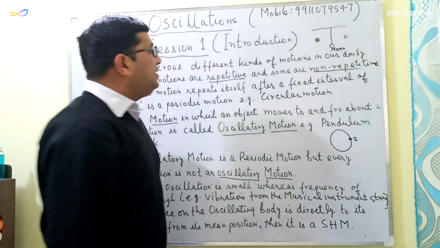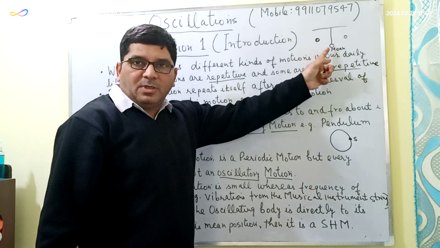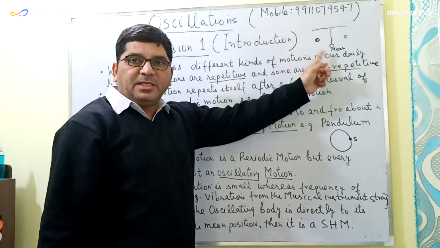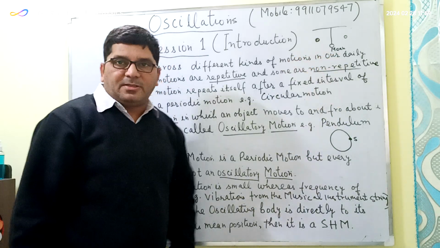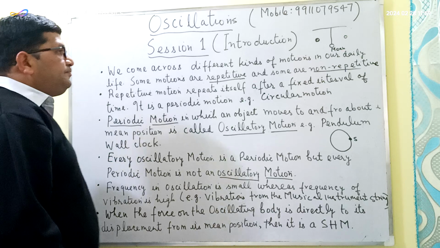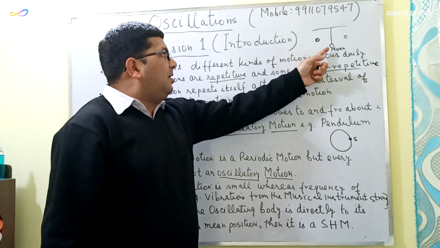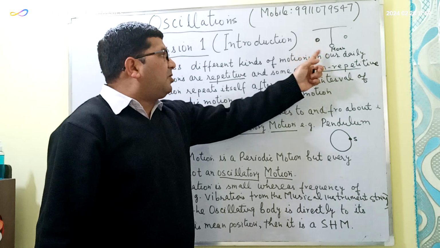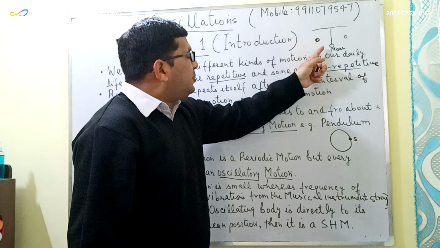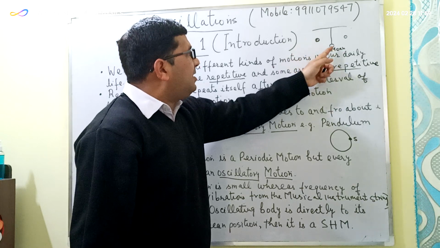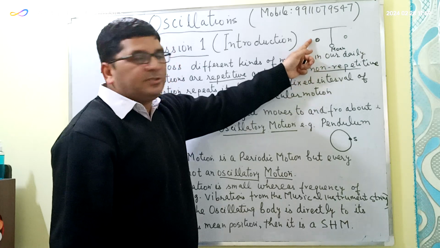The mean position means the position at which the bob will remain stationary when there is no restoring force acting on it. So in this case, the bob of this pendulum wall clock keeps on moving to and fro about this mean position, and it reaches a certain height on one end, and then it reaches a certain height on the other end.